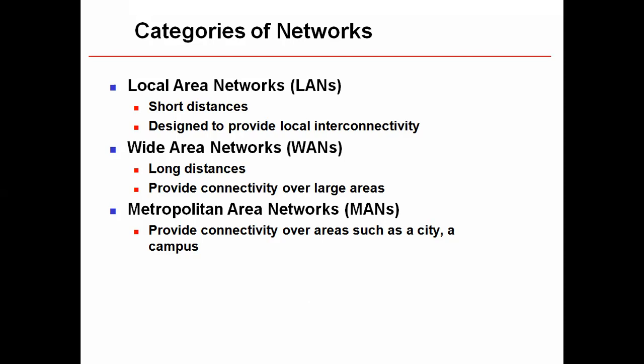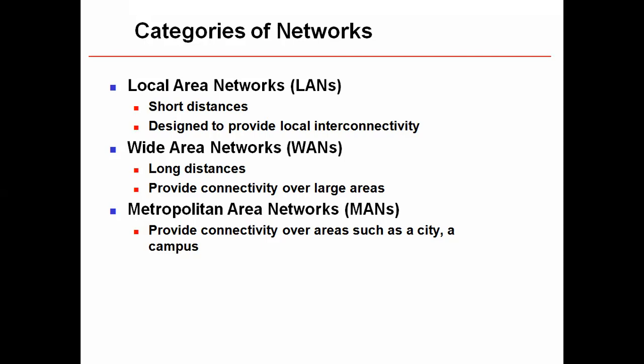LAN can connect only a short distance, to the maximum of 2 miles, and it can provide only local connectivity. But wide area networks, WANs, can connect over a longer distance. It is actually a worldwide connection. So we can have the entire world connected by using this WAN, wide area network.